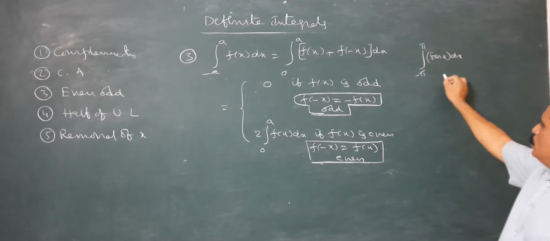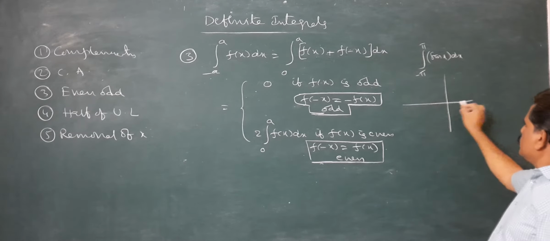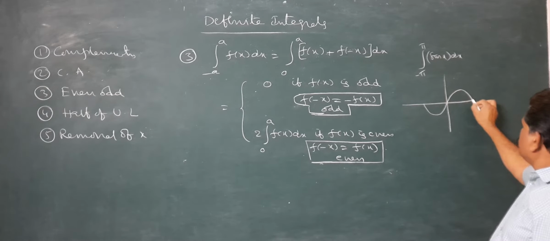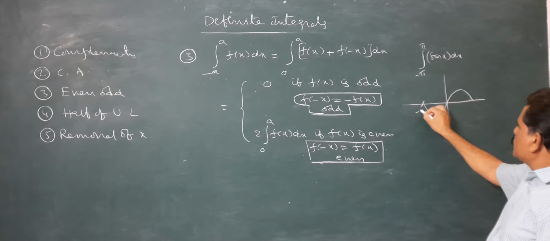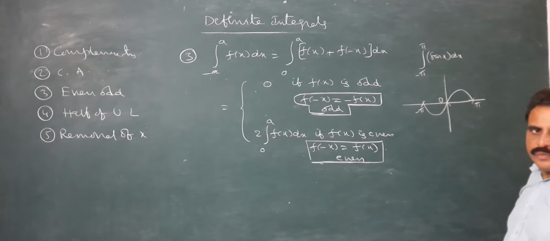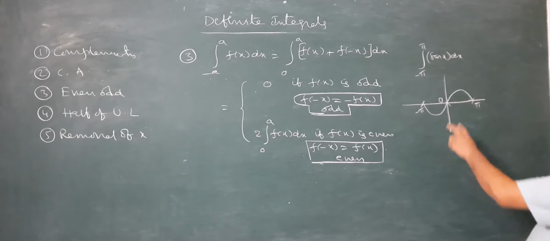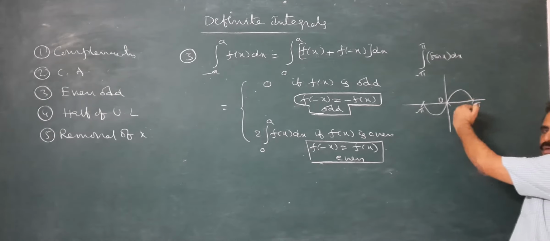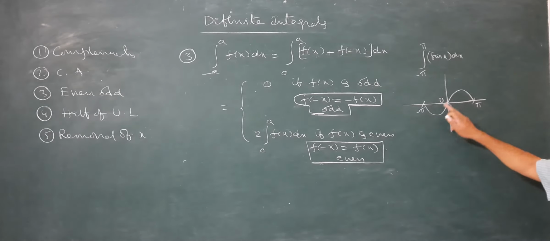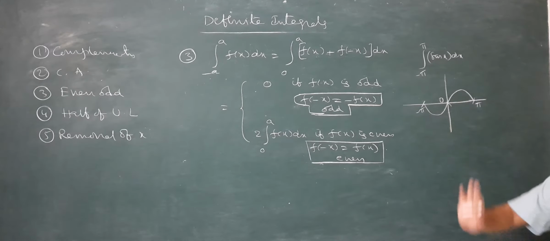Why is that 0? Just draw the graph of sin x from minus pi to pi. In the previous video, we discussed that the area of this is 2, above the x-axis, and this is below the x-axis, minus 2, and the sum is 0.